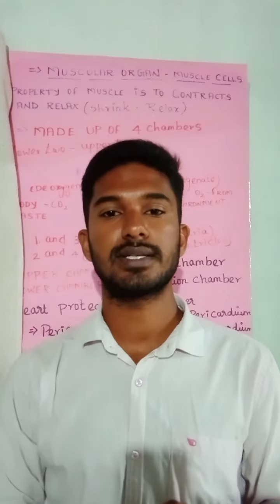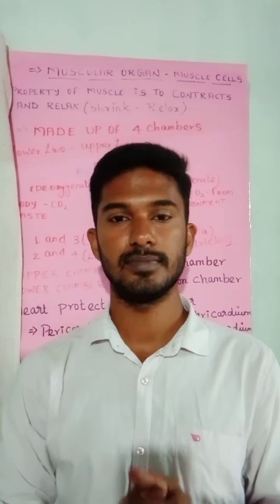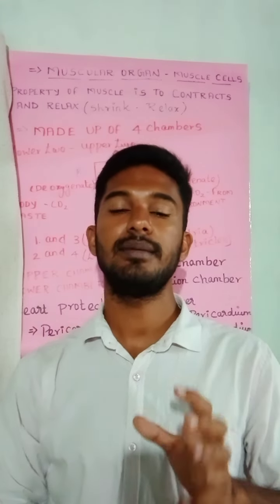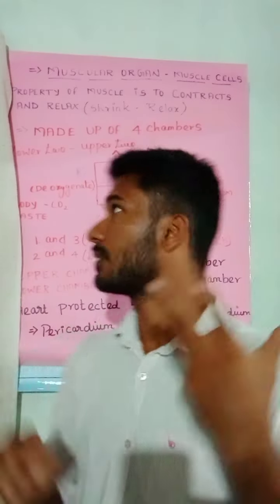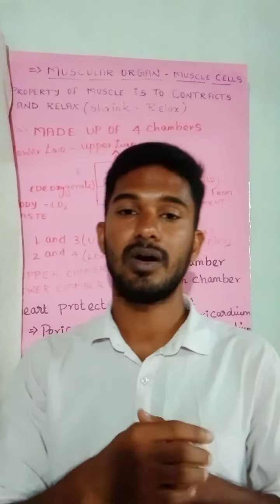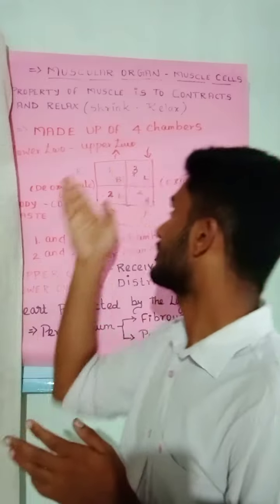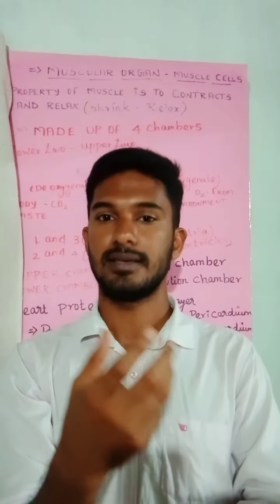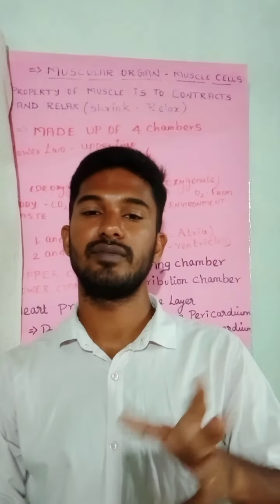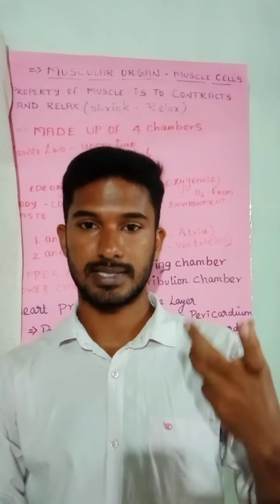What do you mean by deoxygenated blood? Yes, the blood containing more carbon dioxide is called deoxygenated blood. The left side of our heart is dealing with oxygenated blood, that means this blood contains more oxygen.